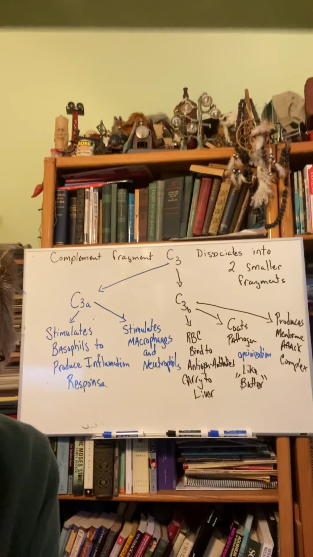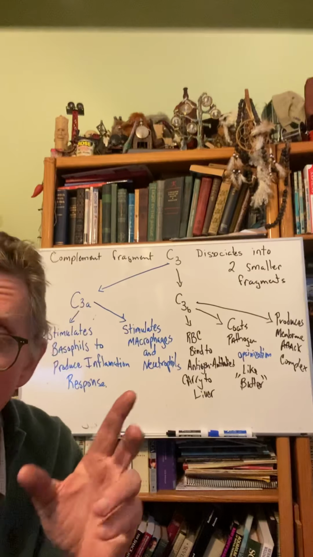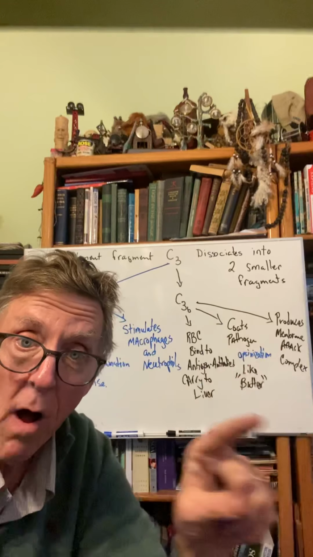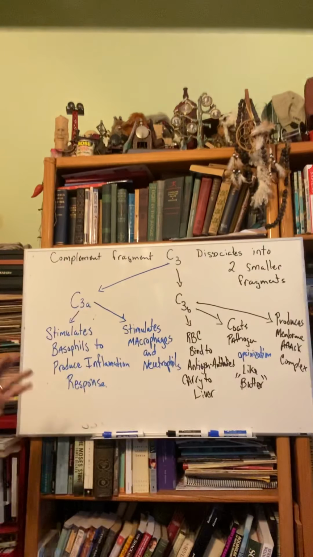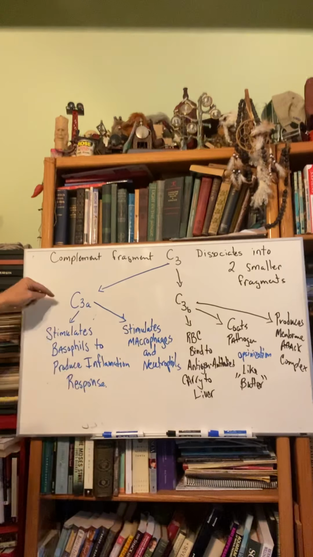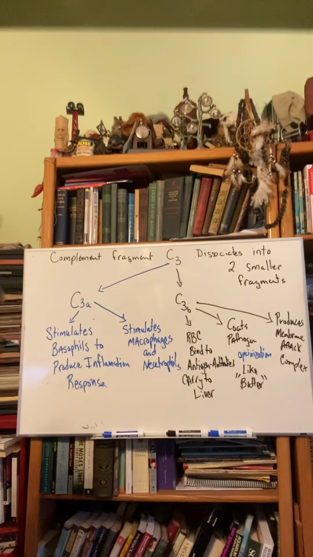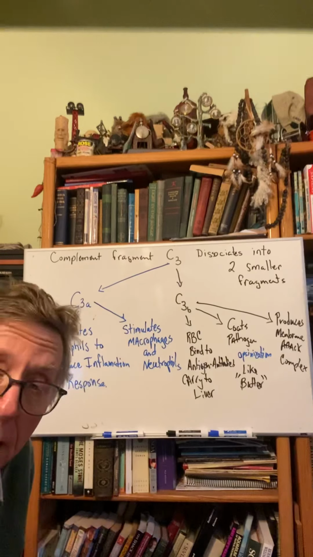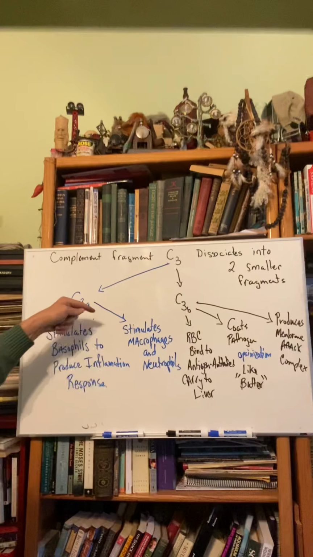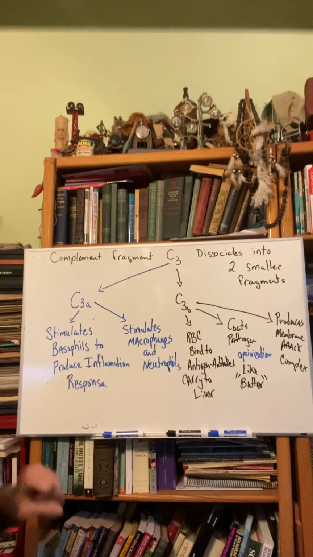So what happens? The basophils, remember we said they produce an inflammation response, walling things off. And so the C3a fragment stimulates basophils to produce an inflammation response. In addition to that, it's going to activate macrophages.